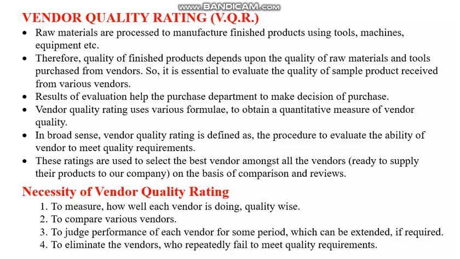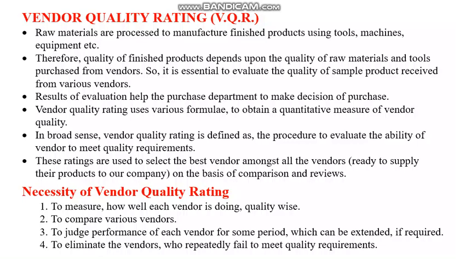Vendor quality rating uses various formulae, because over a period of time you are doing the same thing again and again, so you will find means by which some calculations, mathematics and formulae can be brought into this field also.